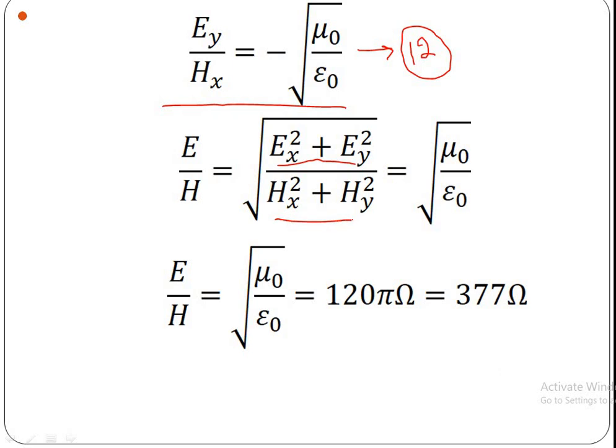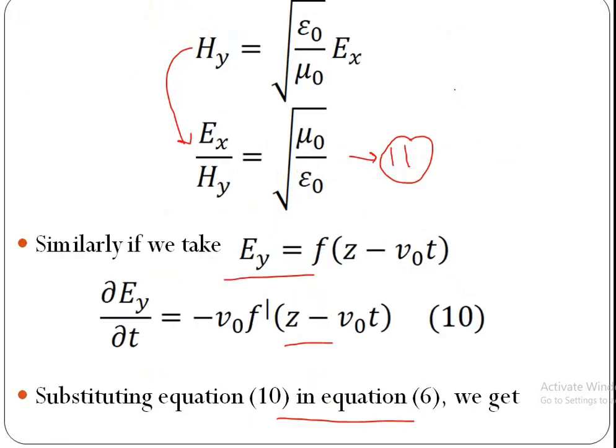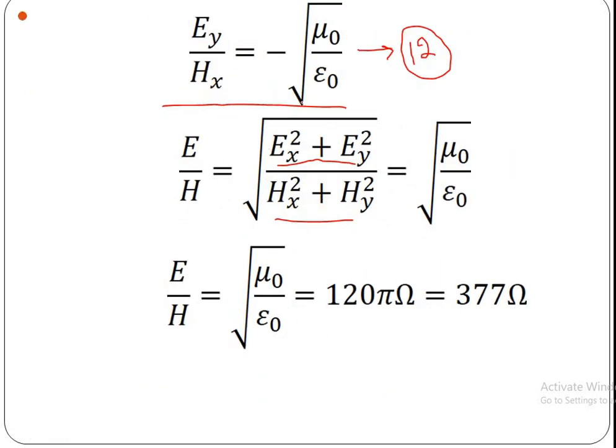So, to do that, take equation 11. This is equation 11. From this equation 11, simply Ex is equal to square root of mu naught by epsilon naught into Hy. From this equation 12, Ey is equal to minus square root of mu naught by epsilon naught into Hx. I will write the two equations here.